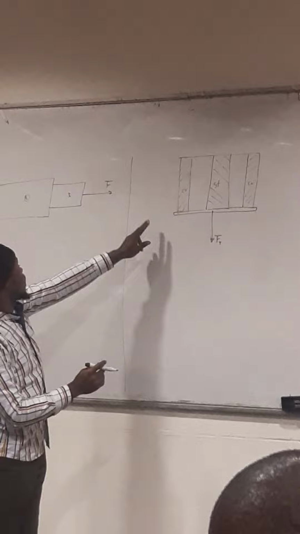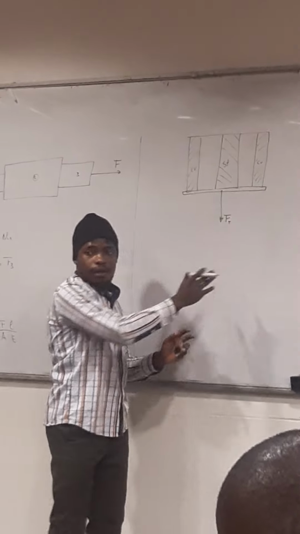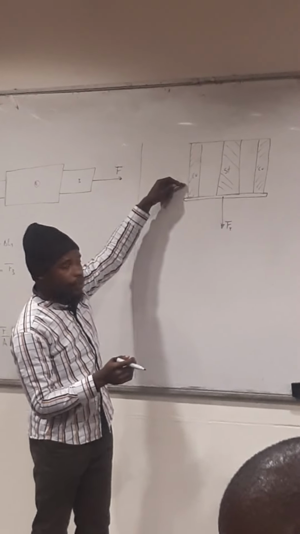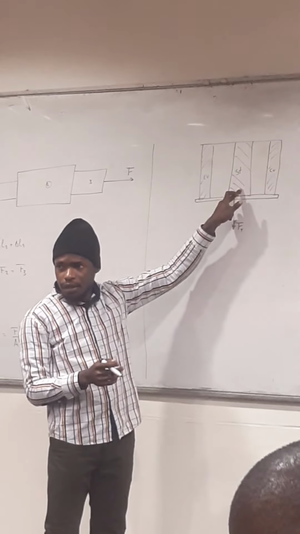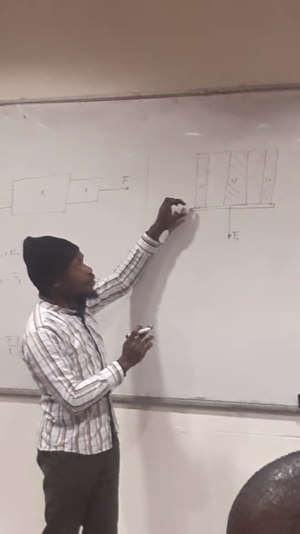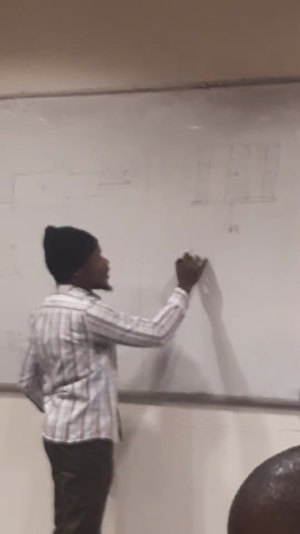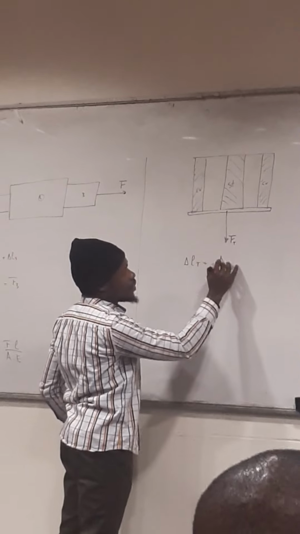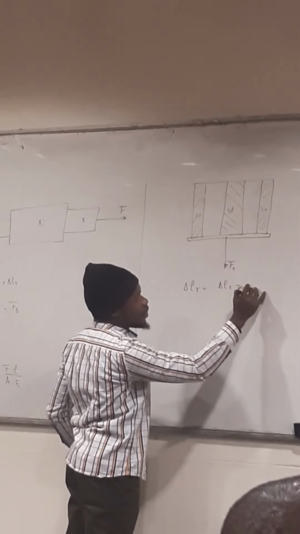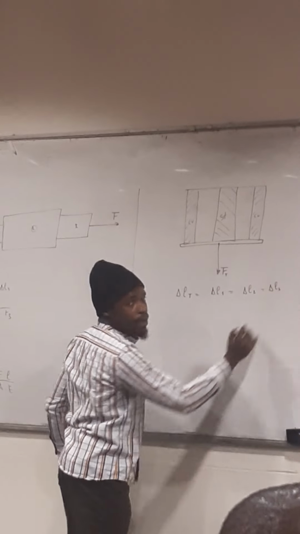Now, in case they are in parallel like this, the change in length, you will see that if this thing goes down, the same length that this one takes will be the same length that this one also will take. Do you agree with that? If it's compressing, the same compression that this one takes will be the same compression there. So therefore we'll say the total change in length will be equal to change in length 1 equals change in length 2 equals change in length 3, if we have 3 things.